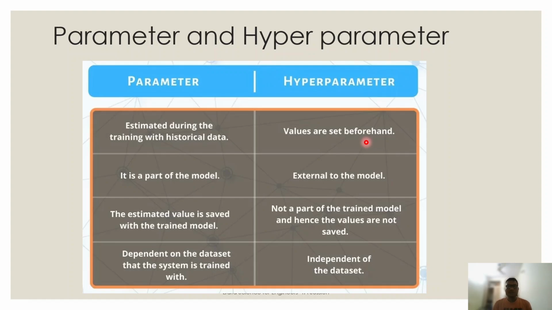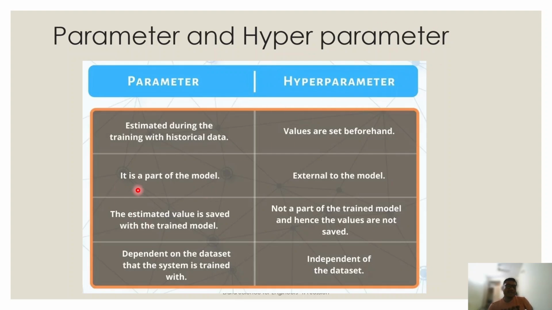Another example is neural networks: at what learning rate I want to train my model, and how many epochs I want, meaning how many times I want to retrain my model. All those are decided by you. You need to set something beforehand. That is called a hyperparameter.